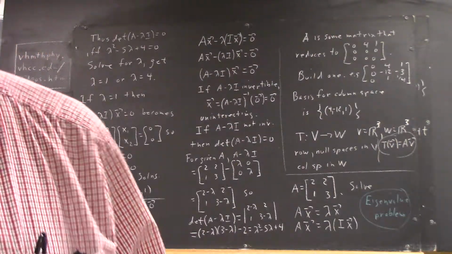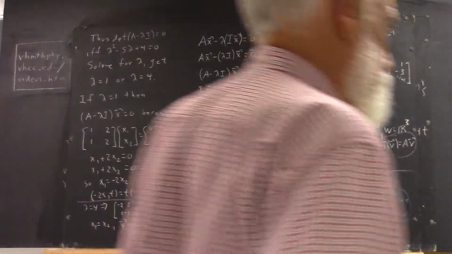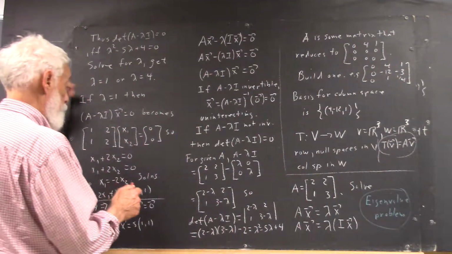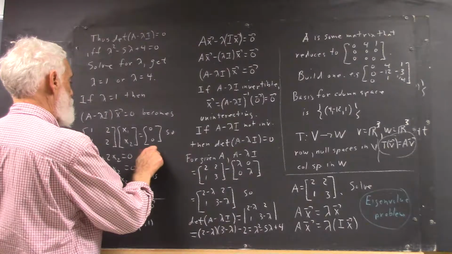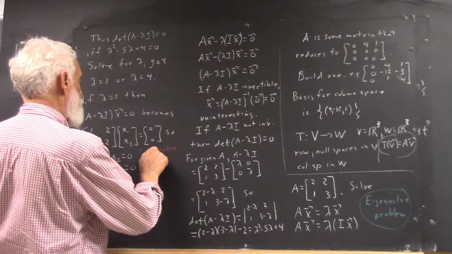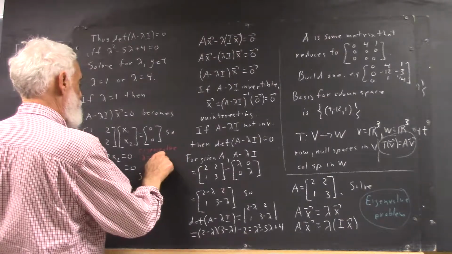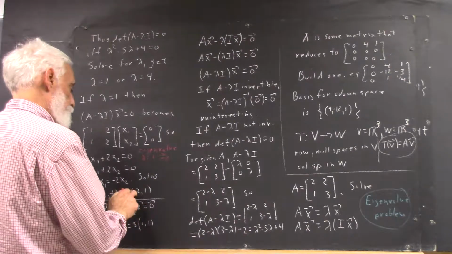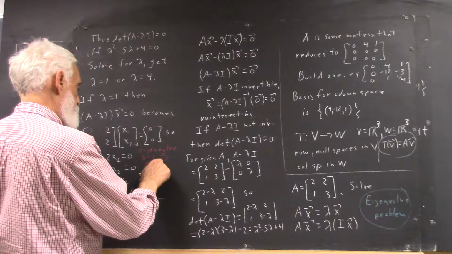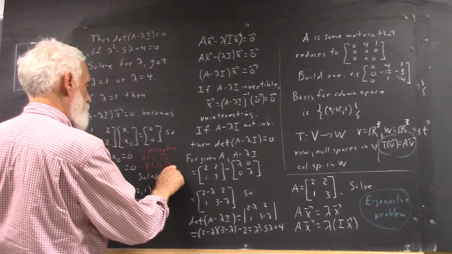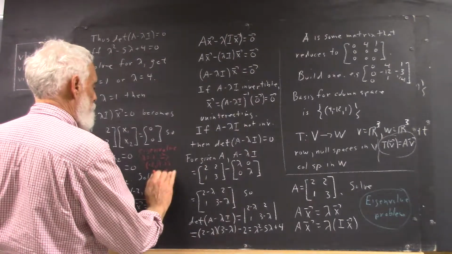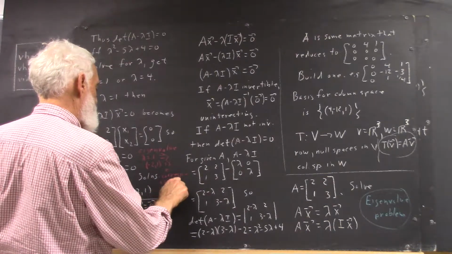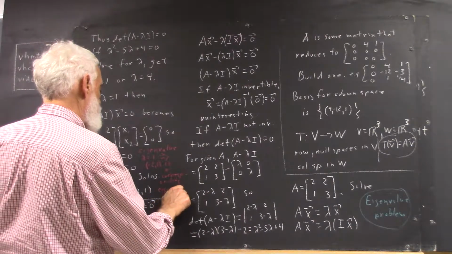So what we've determined here, for lambda equals 1, the eigenvalue lambda equals 1 implies that negative 2, 1 is a corresponding eigenvector.